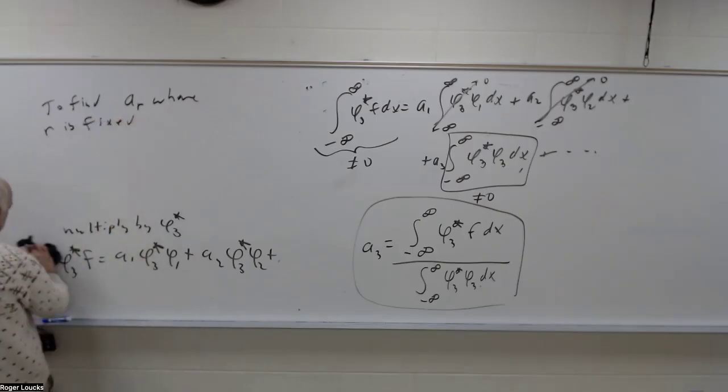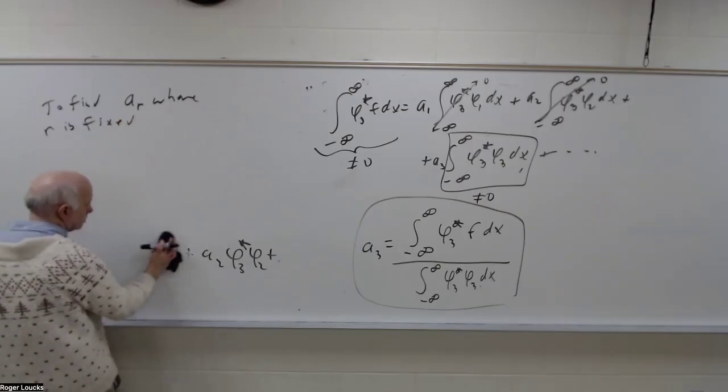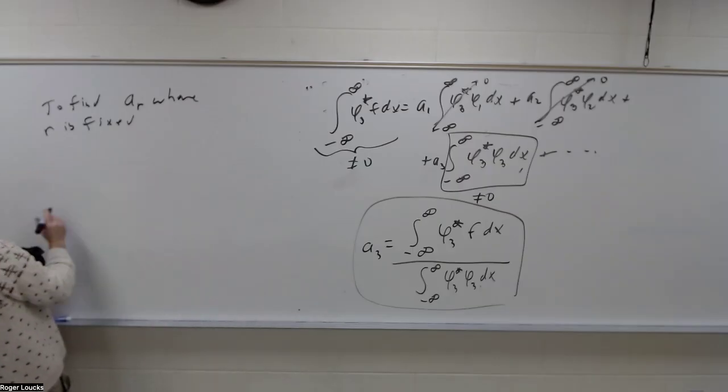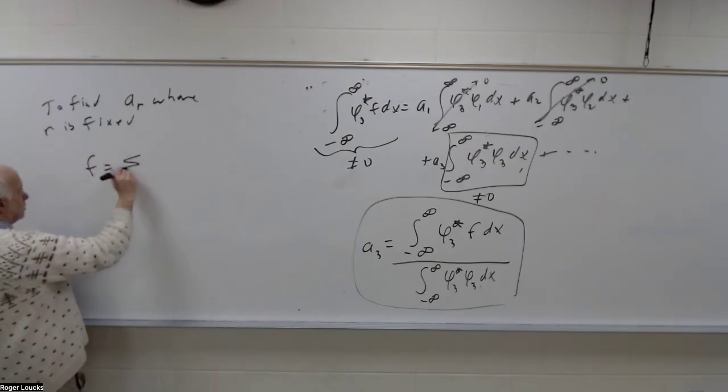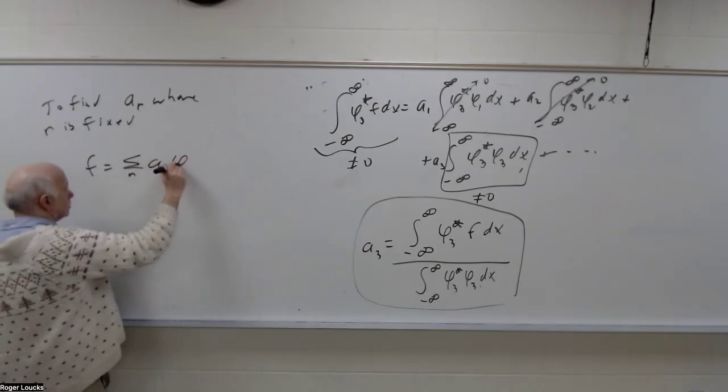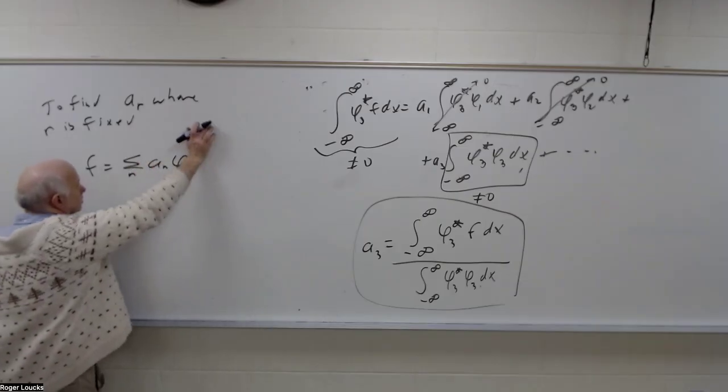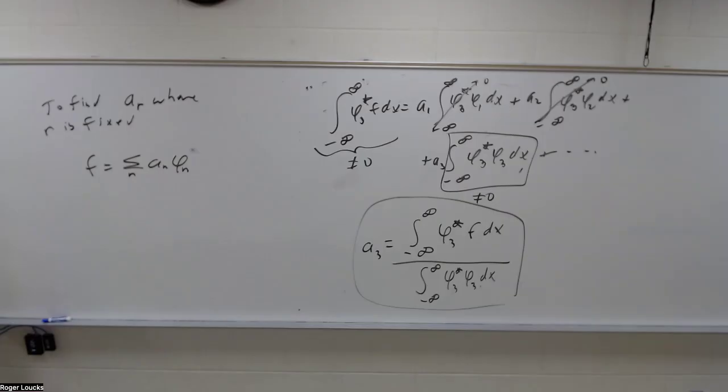So now let's do the general thing. We multiply both sides by phi R star.